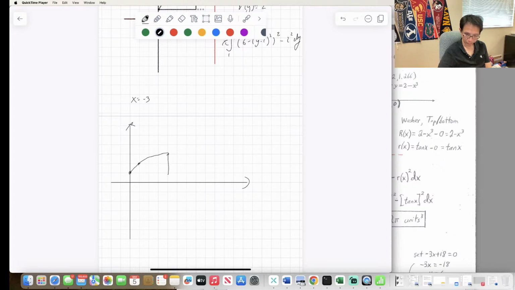So you're taking 6 and you're subtracting this function, y minus 1 squared. Right now I'm rotating at x equal to -3. How do I figure this out? Your y. So you're taking 6 minus this.